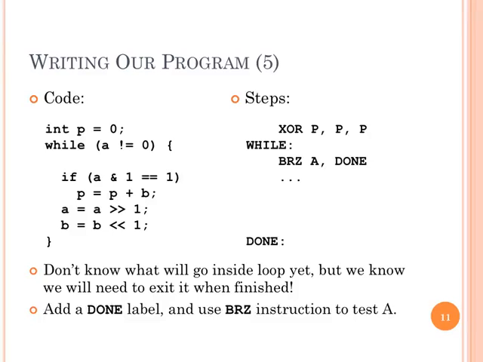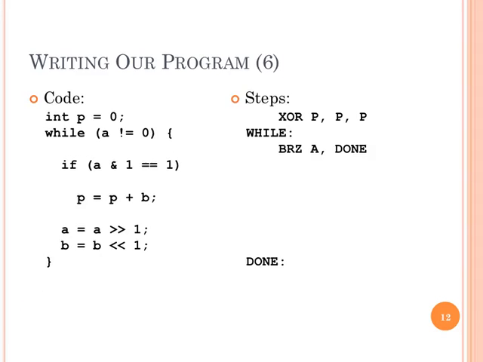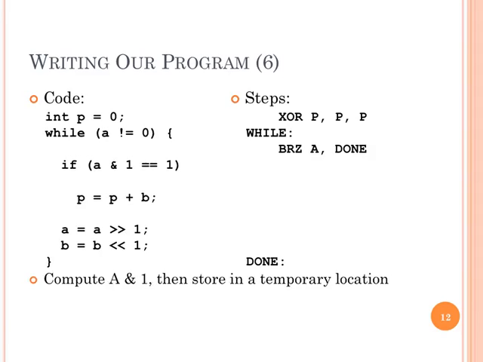So we can go ahead and do something like that. And again, we don't know exactly where we're jumping to yet, but we'll put a label in there. We'll call it done, just because it's simple and we're simple. So we say BRZ A done, and that'll take us out of the loop. Okay? And of course, after that, we also need to be able to jump back to the beginning. So it looks like we'll handle that later.